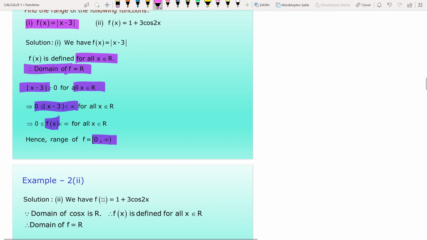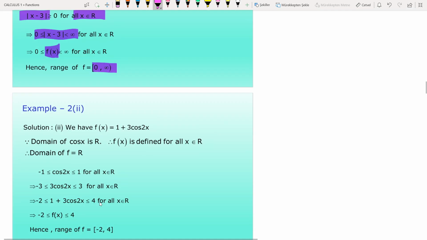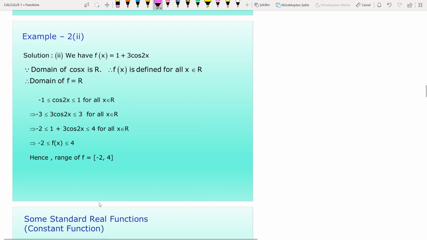What about the second example? f of x equals 1 plus 3 cosine 2x. We start from known information. What is the known information?